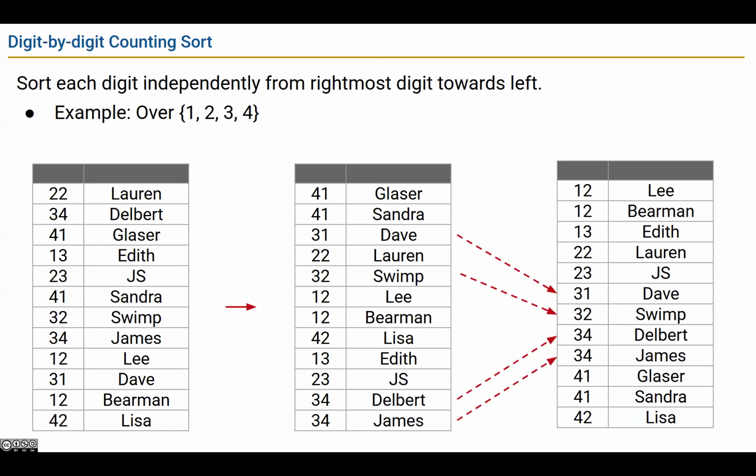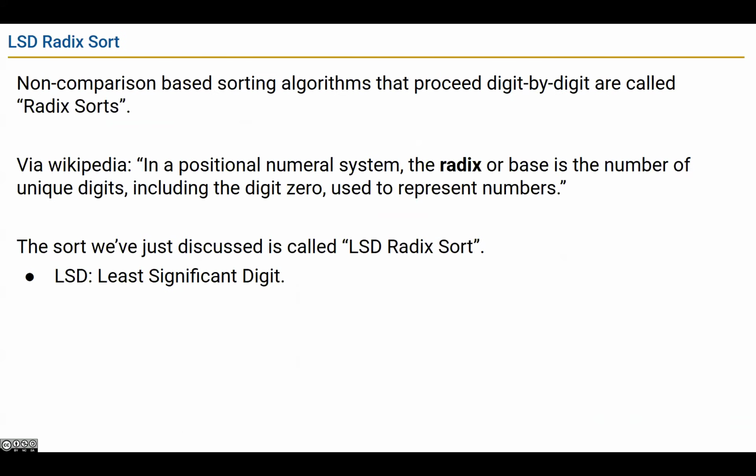Now, in order for this to work, we do need it to be stable. Is counting sort stable? Yeah, counting sort is stable. So that means we can get this to work. Because we're only looking at a single digit, counting sort is efficient because you only have 10 digits to work with. And because you're using digit by digit sort, you only need a certain number of passes, the number of passes corresponding to how many digits there are.